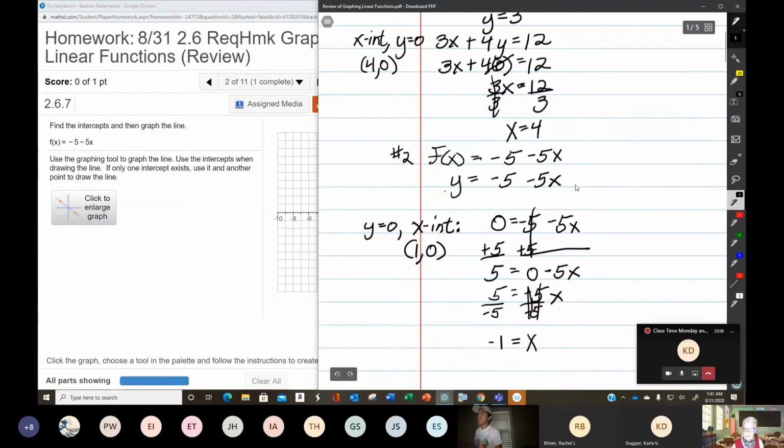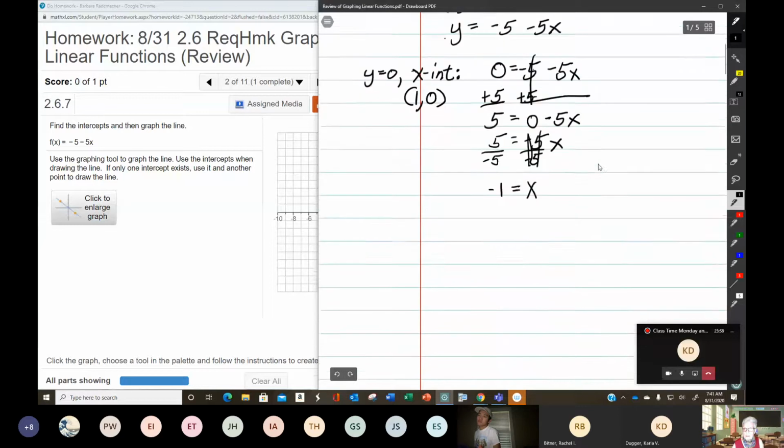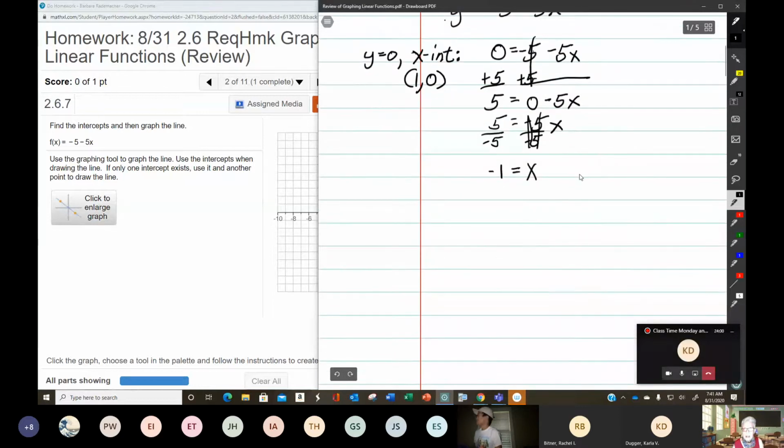Now, come down a little lower. And I'm going to let x equal 0, and that will give me the y-intercept. So here's my original equation. This is easier. All I have to do is put a 0 in for x, and I'll find out what y is.